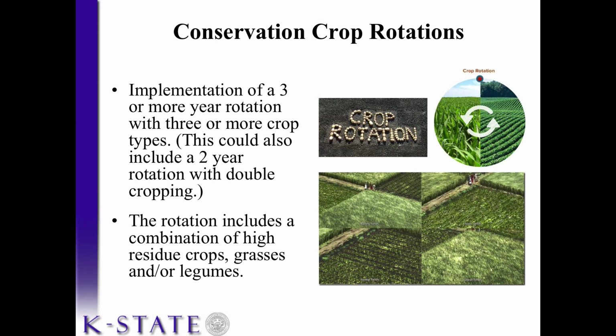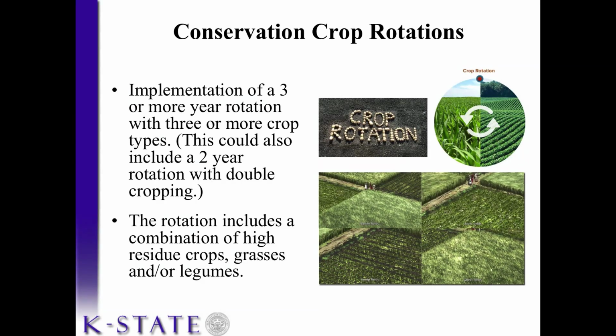So you have to plant 3 crops in 3 years. One of those crops has to be a high residue crop, like corn. And one of those crops has to be a legume, like soybeans. And then you have to pick another crop in rotation. So you have to have 3 crops in 3 years and meet those 2 minimum requirements. The other option is you can go with a grass in one of those years.